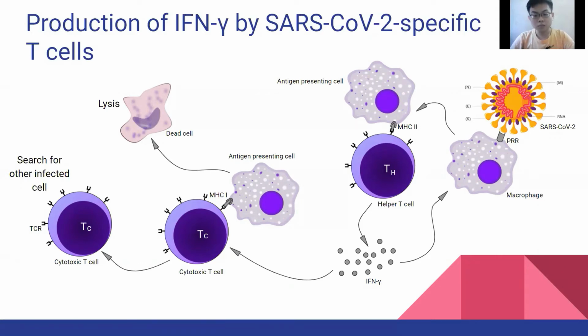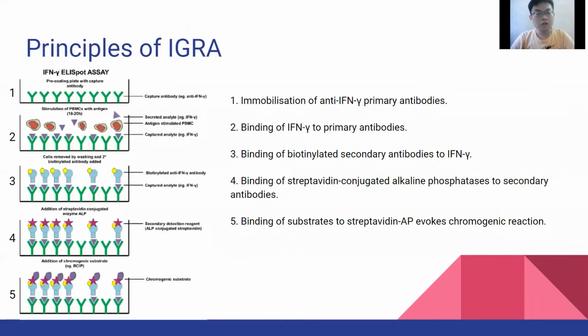Then it will produce interferon gamma that can signal cytotoxic T cell to bind to the infected cell and cause apoptosis. IGRA or interferon gamma ELISpot assay is useful as interferon gamma plays an important role in the adaptive immune response.